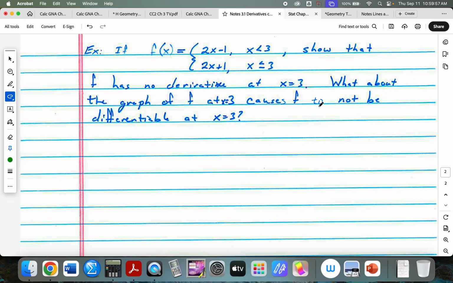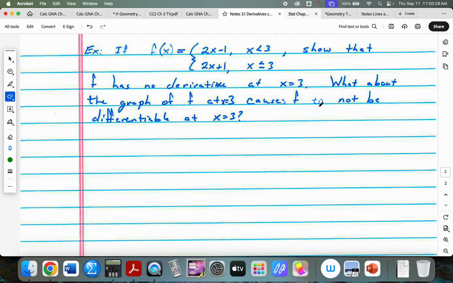So again, we have a piecewise defined function, and they want us to show that where the two branches come together, that f doesn't have a derivative at x equals 3. And the question is, what about the graph of f at x equals 3 causes f to not be differentiable at x equals 3? Yes?